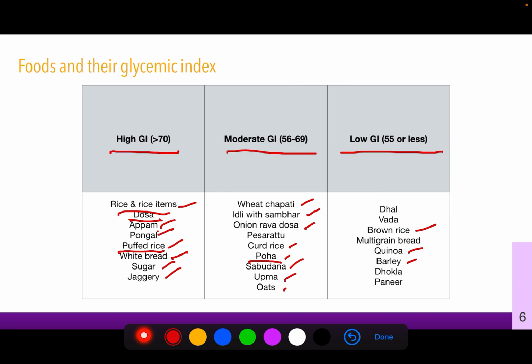So just remember that anything made of rice, biryani, pulao, dosa or pongal, white bread, sugar, jaggery, they all have high glycemic index. Patients should restrict these and shift to intermediate or low glycemic index foods.